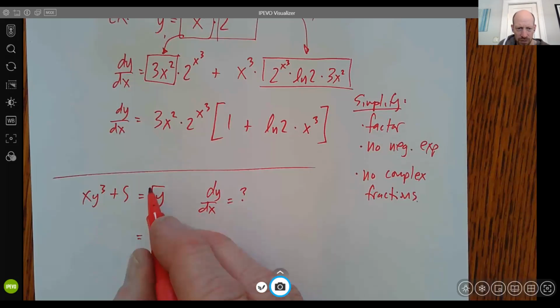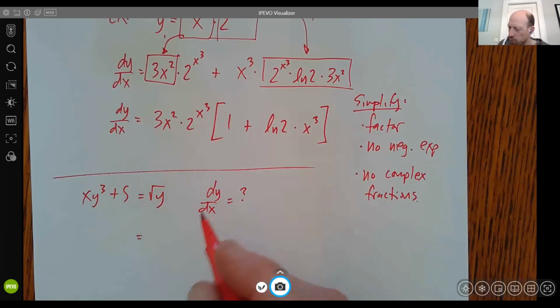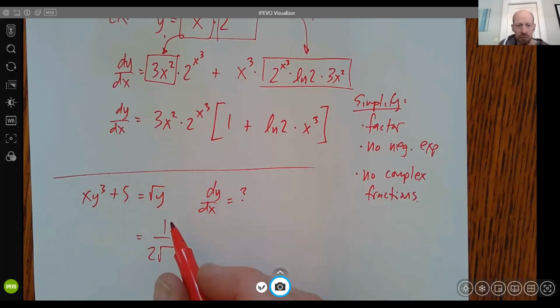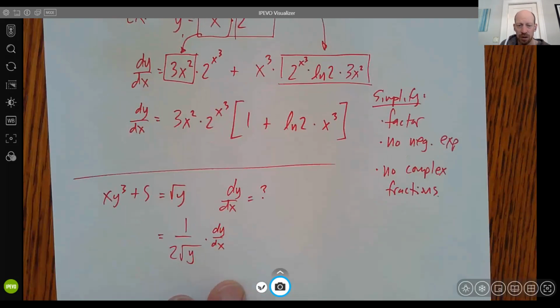So for this one, the derivative of the square root of y would be 1 over 2 square root of y. That's the derivative of a square root function. I evaluate it at y, and then I multiply by the derivative of y. You could write the derivative y prime if you like, or you could write it dy/dx, since that's what I'm looking for. And the derivative of 5 is 0.